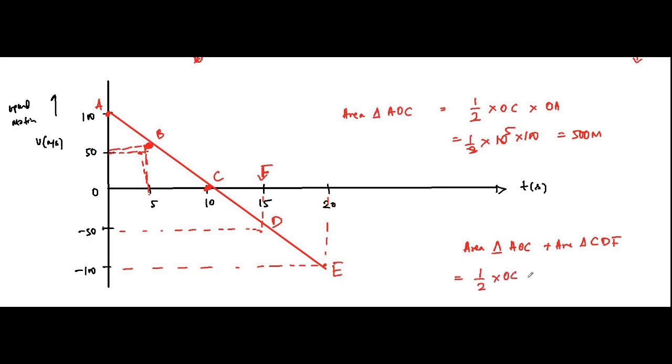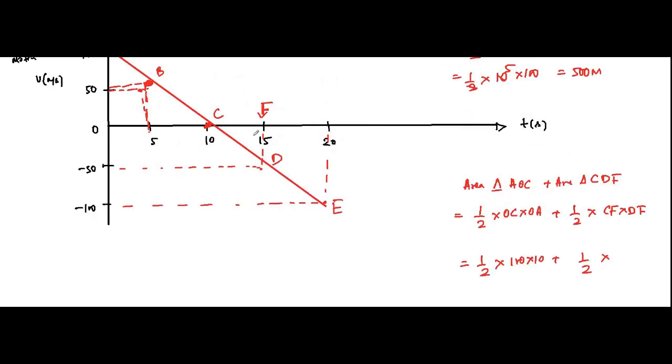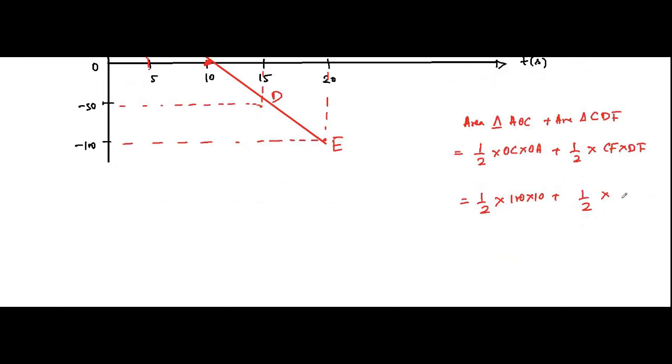It is 1/2 into OC into OA plus 1/2 into CF into DF. So this will be 1/2 into 100 into 10, and this will be 1/2 into, CF is 15 minus 10, into 5, and DF is equal to minus 50, negative velocity downwards.